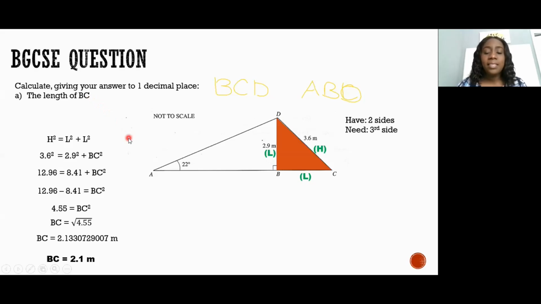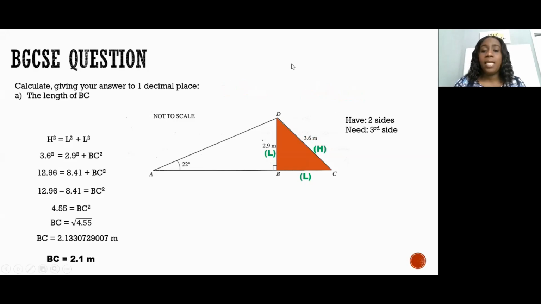Then I analyzed again. What did they give me to help me solve this problem? They gave me two sides, and they're asking me to find a third. I cannot use trigonometric ratios because they require an angle somewhere in there. So that won't help me at all. I had to use something that only speaks to sides, and that would have been Pythagorean Theorem.